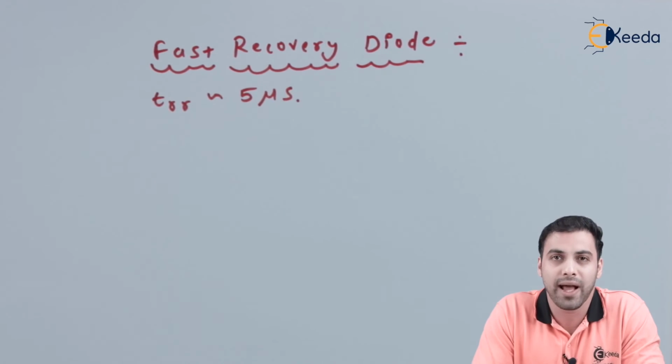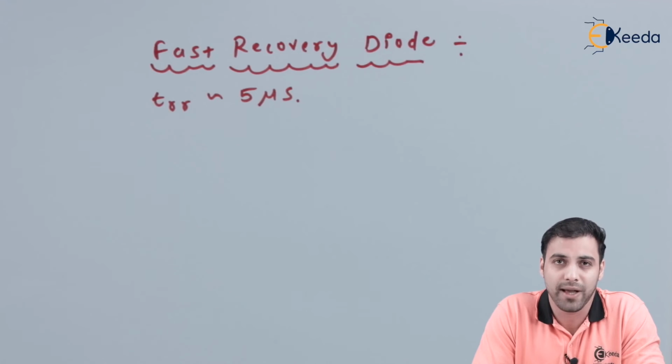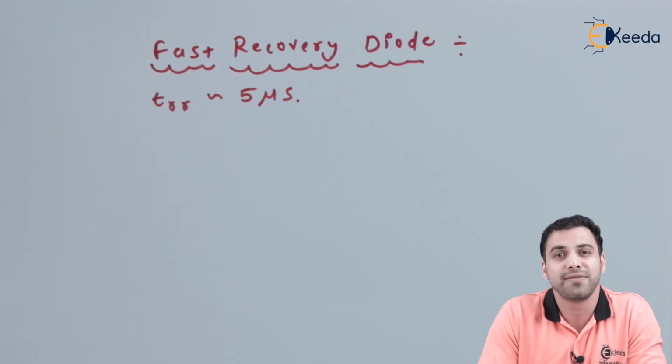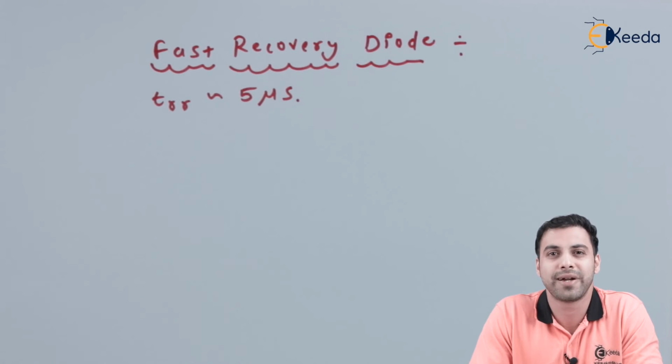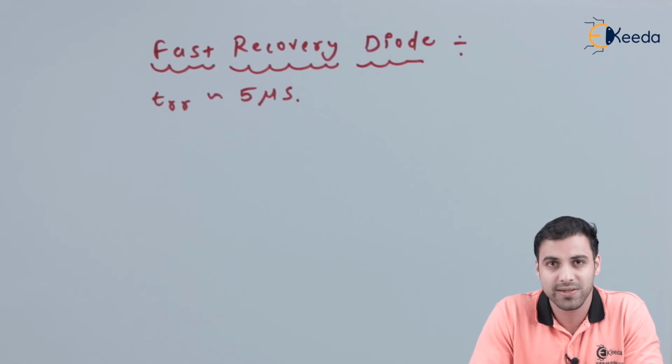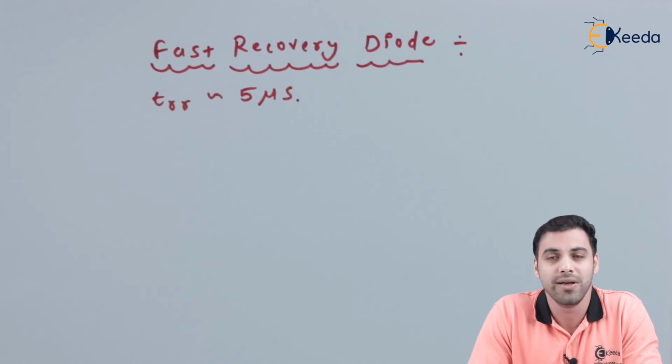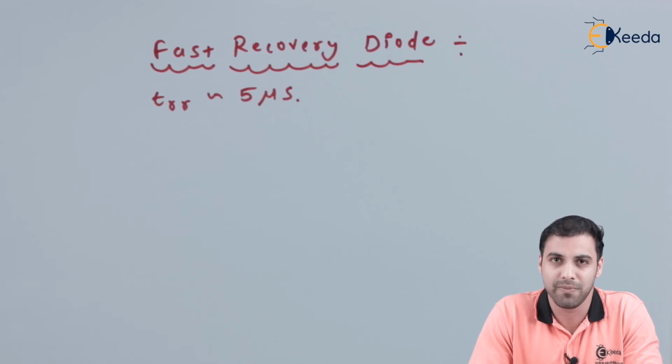A fast recovery diode has a recovery time of 5 microseconds. So we can compare between the general purpose diode and the fast recovery diode. The fast recovery diodes are faster than the general purpose diode, because in case of a fast recovery diode, the reverse recovery time is very small as compared to the general purpose diode.